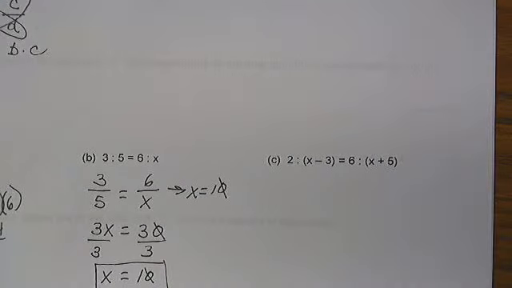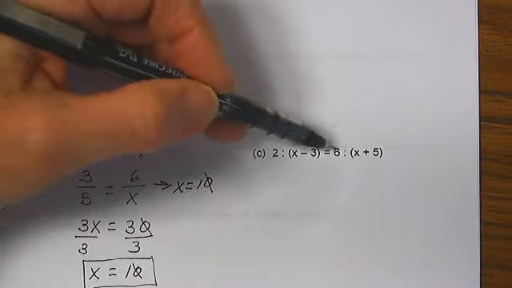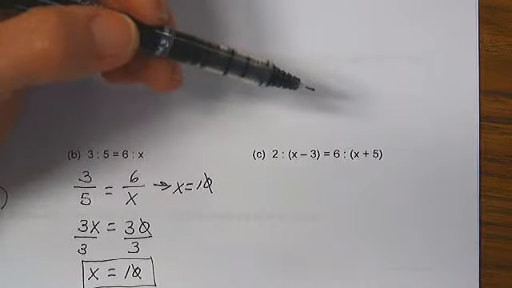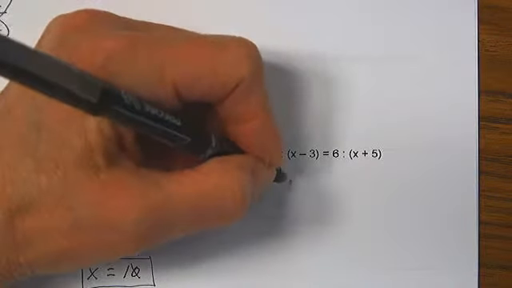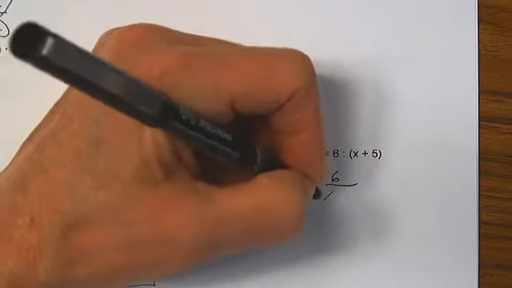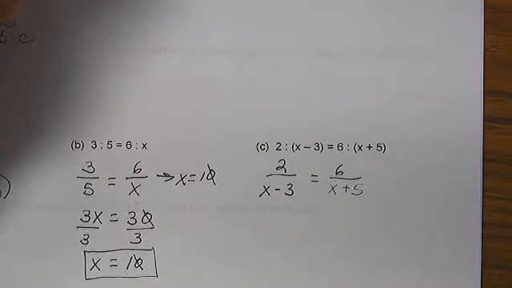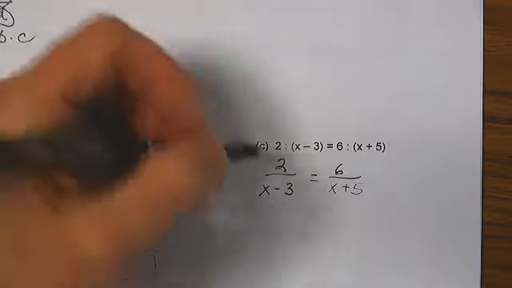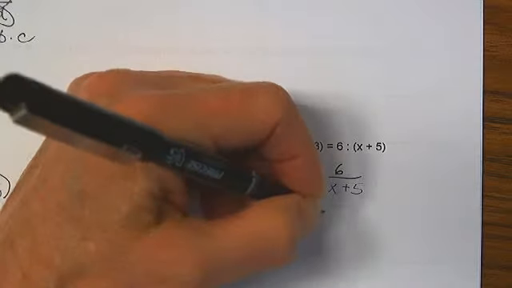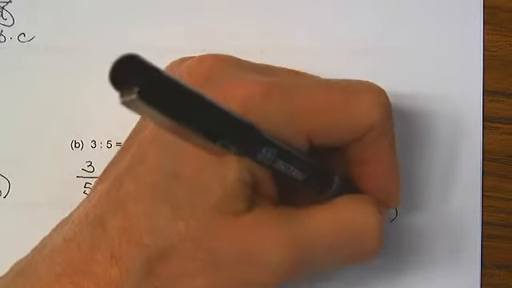Finally, we have 2 is to x minus 3 as 6 is to x plus 5. Here is the situation where cross multiplication makes a great deal of sense. 2 times the quantity x plus 5 is equal to 6 times the quantity x minus 3.